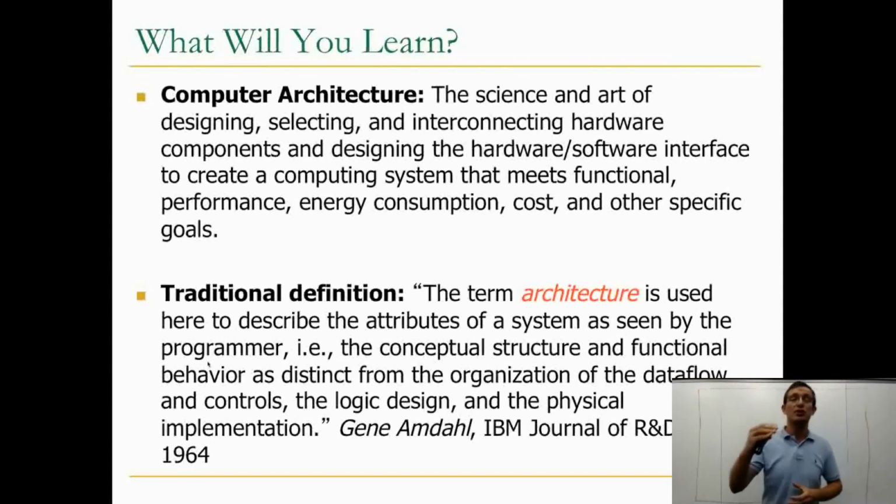Basically the conceptual structure and functional behavior that's exposed to the programmer, that's different from the underlying implementation, which is as distinct from the organization of the data flow and controls, the logic design, and the physical implementation. Basically, the traditional definition of architecture is the interface that is exposed to the programmer. This is basically instruction set architecture, whereas underlying implementation is more microarchitecture.